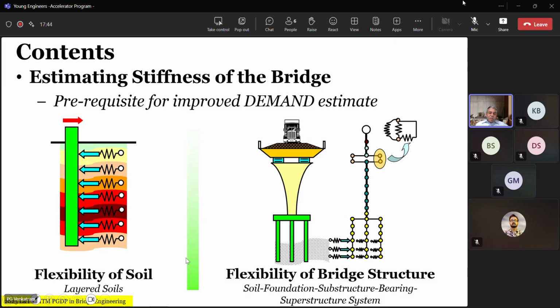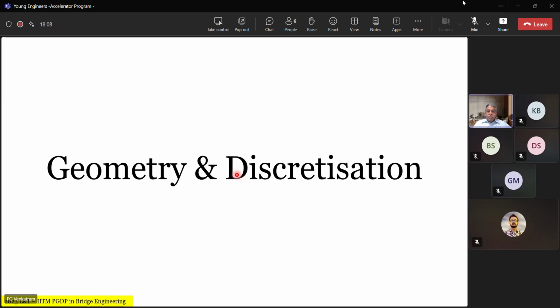So stress resultants, if you want to get a correct estimate, then you need to have the flexibility of the whole system estimated correctly. And if the flexibility has to be estimated correctly, your modeling has to be done correctly. So therefore, we need to understand the different aspects of modeling correctly. We look at the modeling from the point of view of geometry and discretization as the first step.